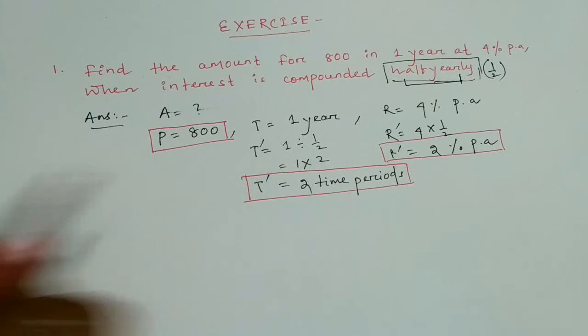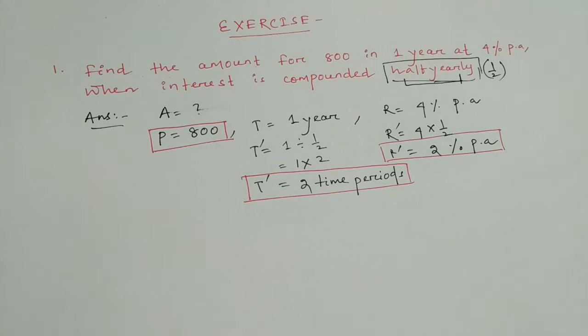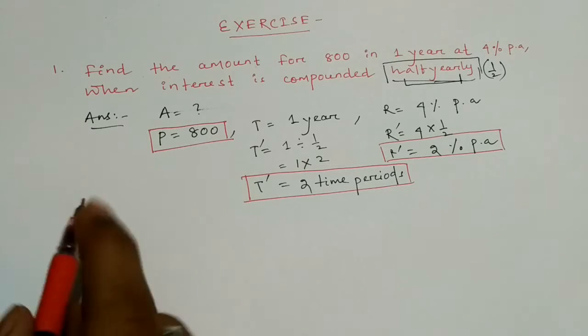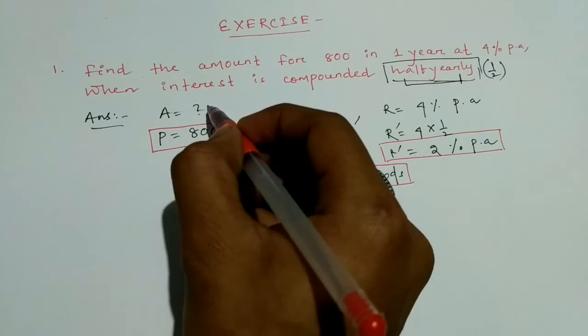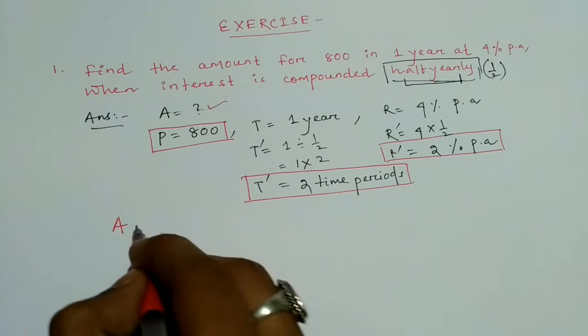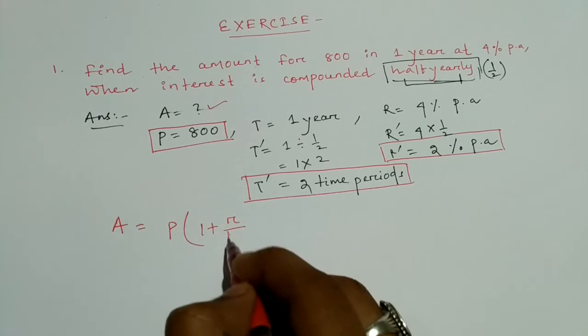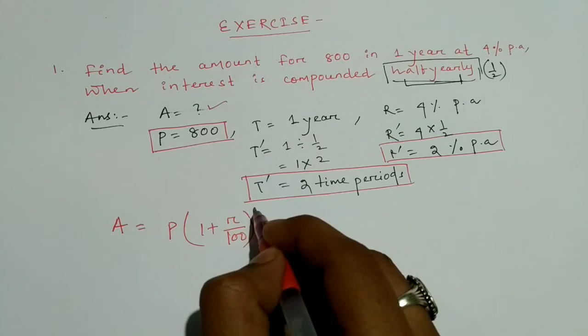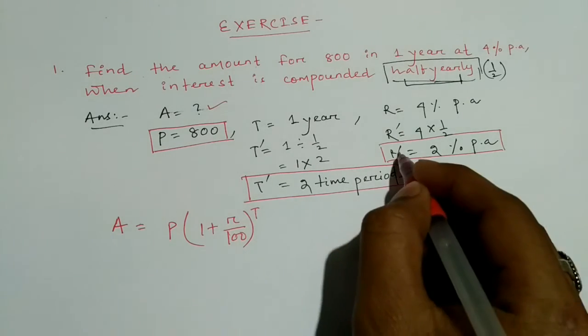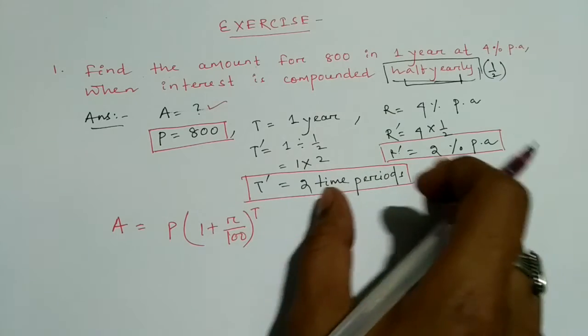So to find the compound interest, first we have to find the amount. The amount formula will be P whole 1 plus R by 100 to the power T. But here these are R dash and T dash. Just put it down.